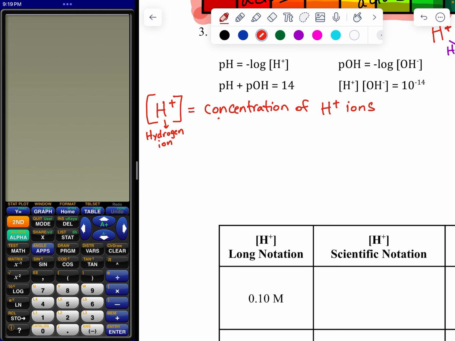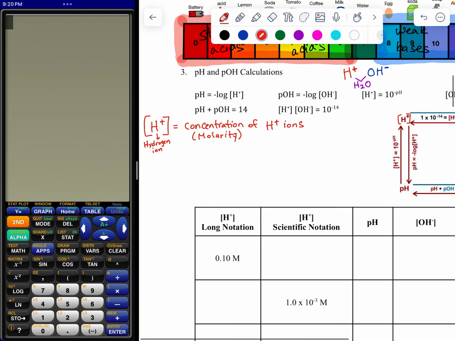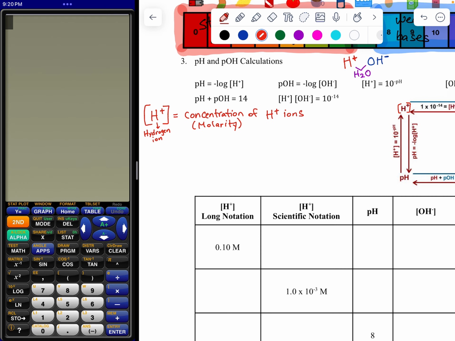All right, and we're going to be using, kick it back to our solutions unit, the idea of molarity, right? The molarity, the concentration of those ions that are floating around in any solution that we have. And then we also have, of course, our bases, which are comprised of these OH, or hydroxide ions.